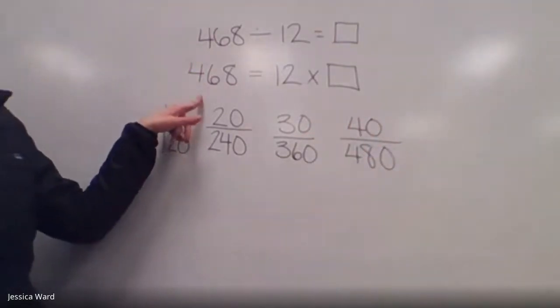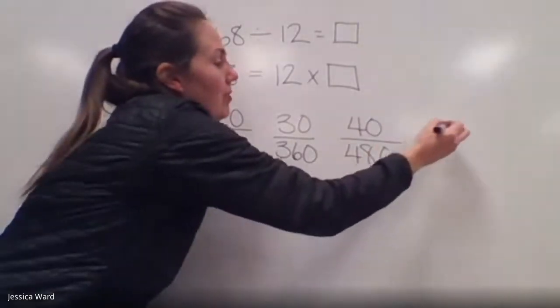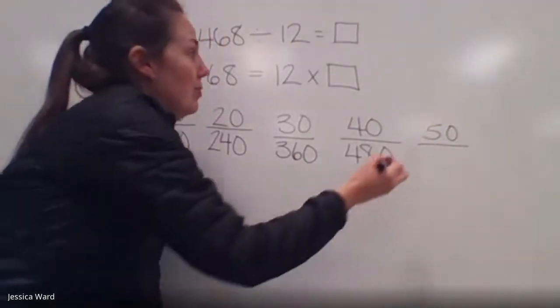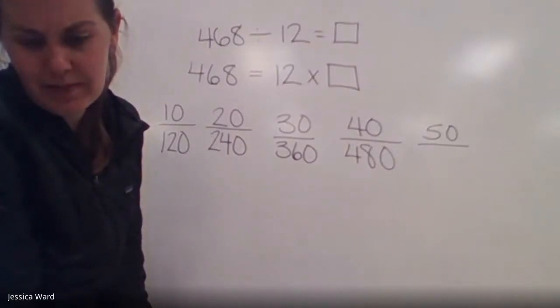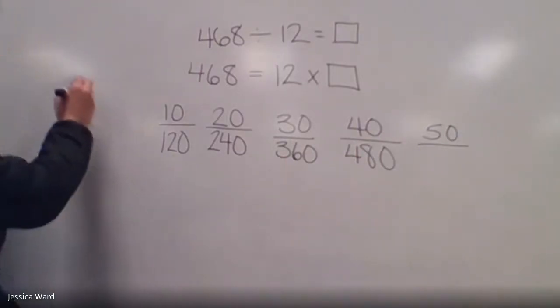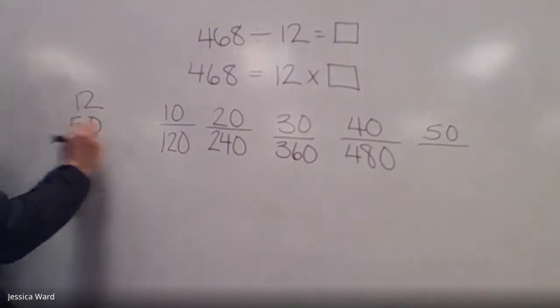And that's above. Now they have also multiplying 12 by 50, which would get you, that doesn't seem right. Hang on just a second. 12 times 50.